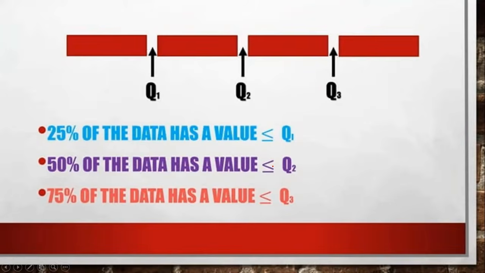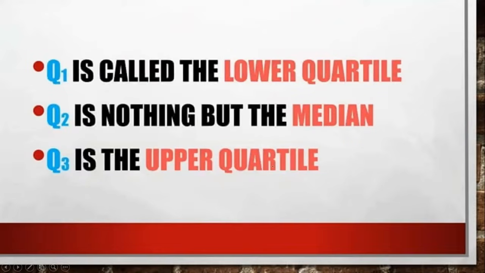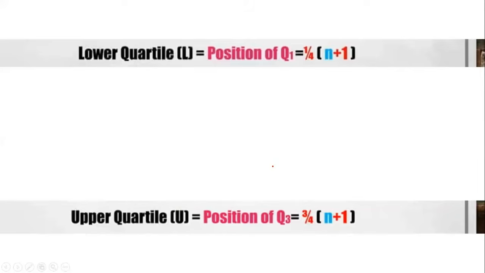Q2, we have 50% and Q3 which is 75. Of course, pag may Q4 tayo, meron tayong 100%. Okay, so Q1 is called the lower quartile, Q2 is called the median, kasi kalahati, and Q3 is the upper quartile.